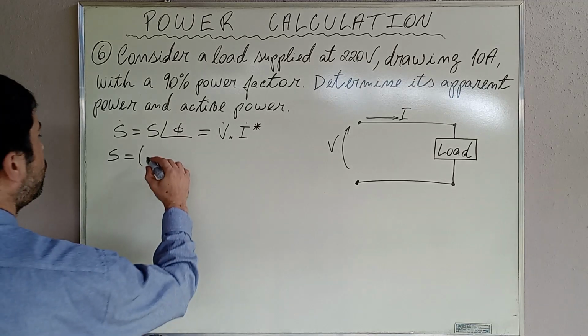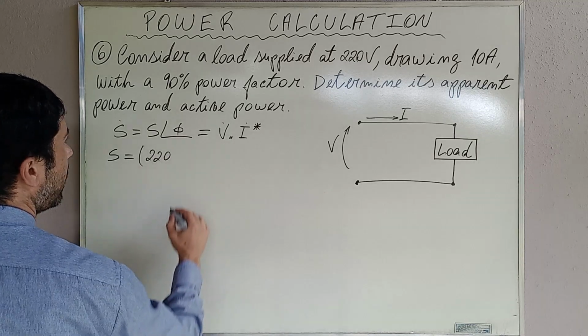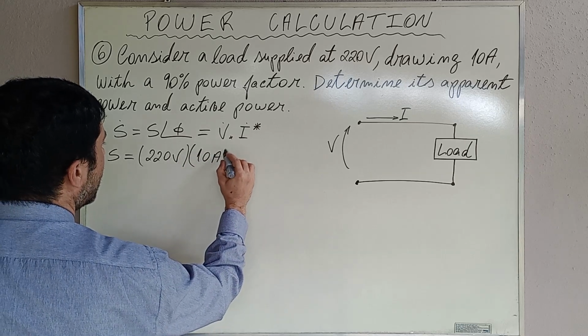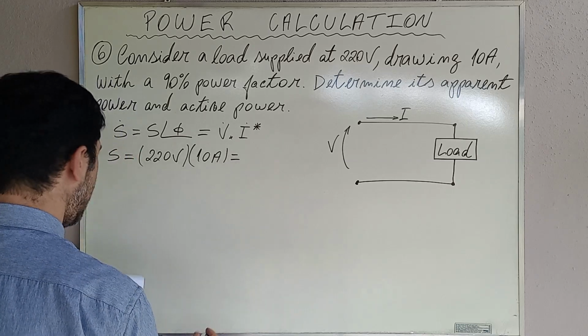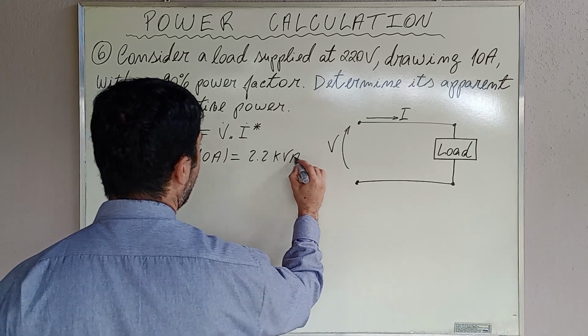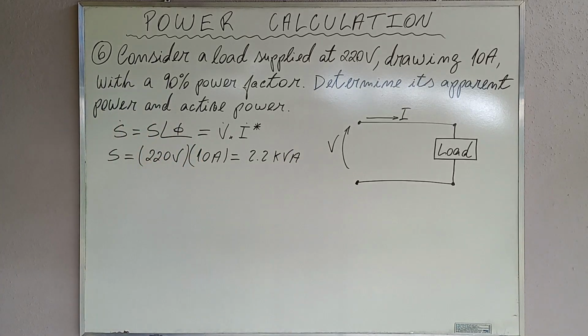In this case, 220 volts times 10 amps, and this is equal to 2.2 kVA. This is the apparent power. To calculate the real power, we use the power factor. The exercise provided the power factor.